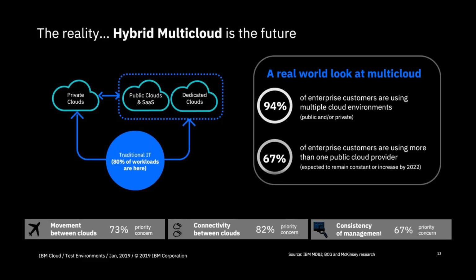So today we have a split of workloads: traditional IT, some in private cloud, some in public cloud, some in dedicated clouds. 94% of enterprises are using multiple cloud environments, public and or private. 67% have 2 or more public cloud providers.